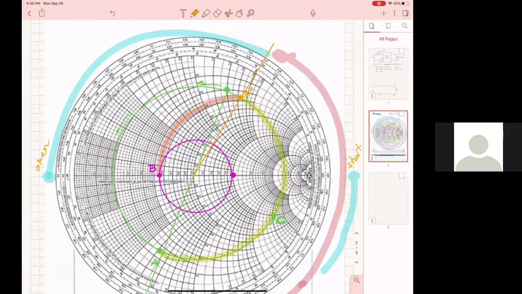Yes. And then you select open or short depending on your constraints. If you are free to do whatever, I would always go for the lowest length. The lowest length may get me to a short, or it may get me to an open. But if I have microstrip, and I know that I can only do an open and a short is out of the question in my design, then I will go to an open no matter what.